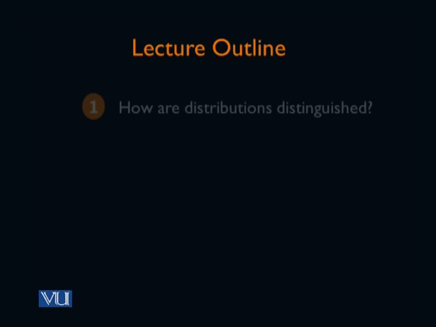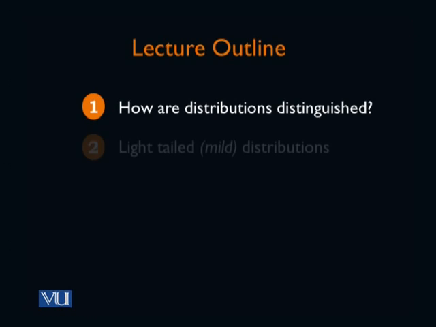I'm going to first of all talk of how distributions are distinguished, and then I'm going to talk of one particular kind of distribution in which you have randomness, but that randomness is mild in nature. It is not very drastic. Most of your values would be close to your typical value. In a future session, we'll be seeing that all randomness is not like that.